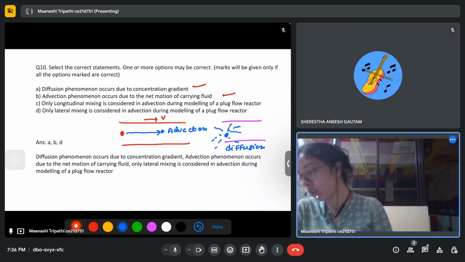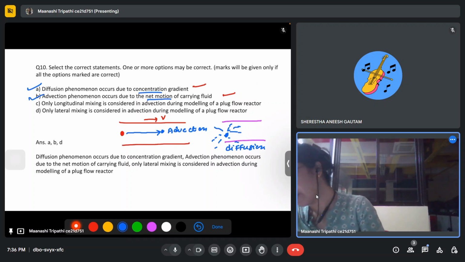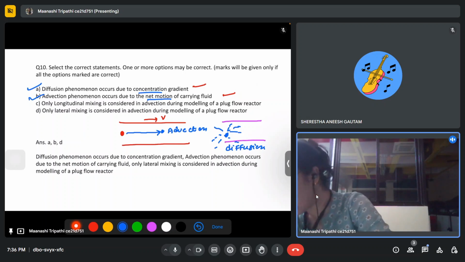Okay. So option A is correct. Diffusion occurs due to concentration gradient. Option B is also correct. Advection occurs due to net motion of the carrying fluid. And option C and D, let's think about those. Longitudinal mixing is considered in advection.